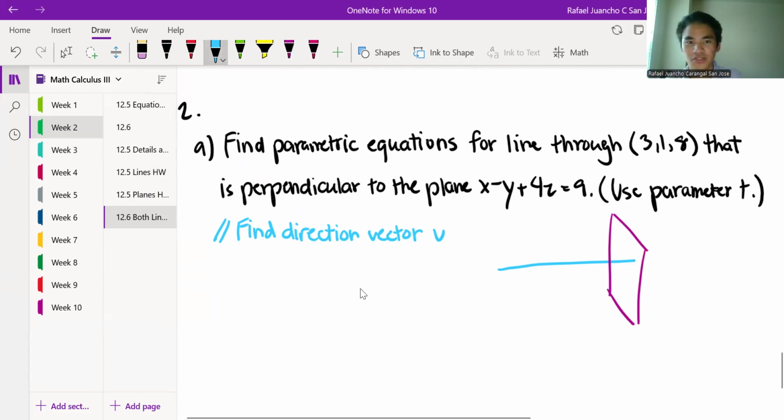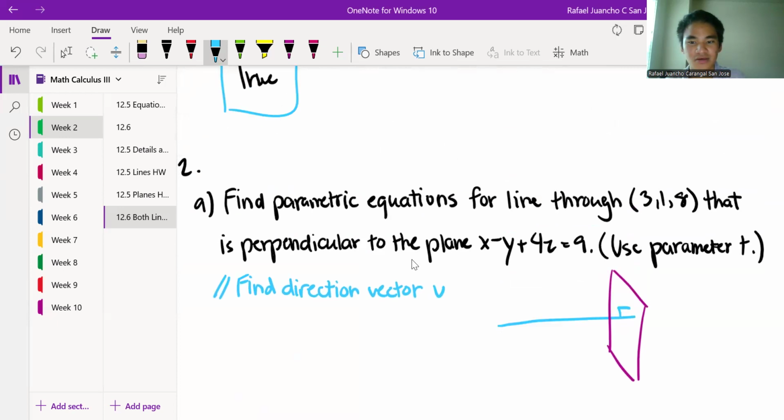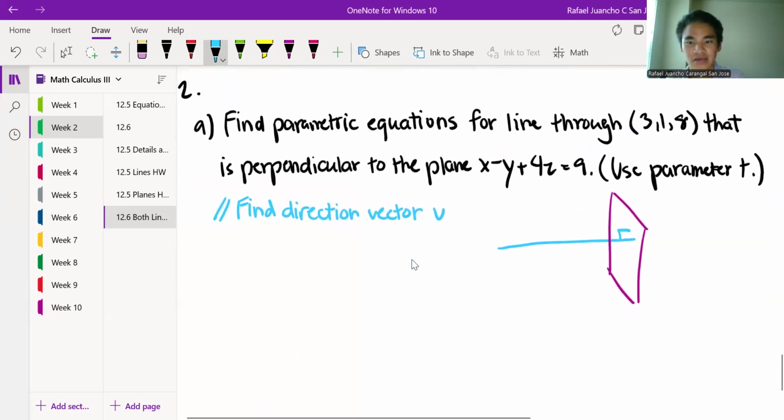And so what is this? This could be our normal vector. So that's what it means.